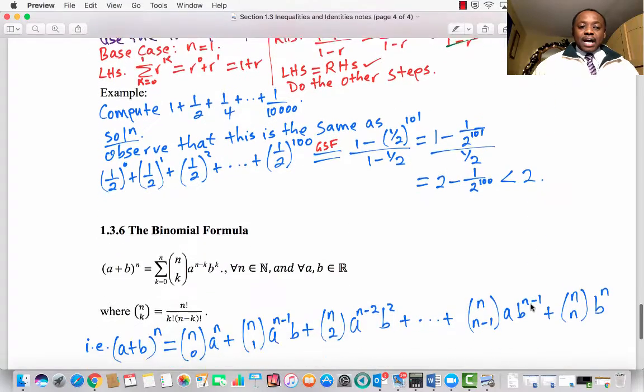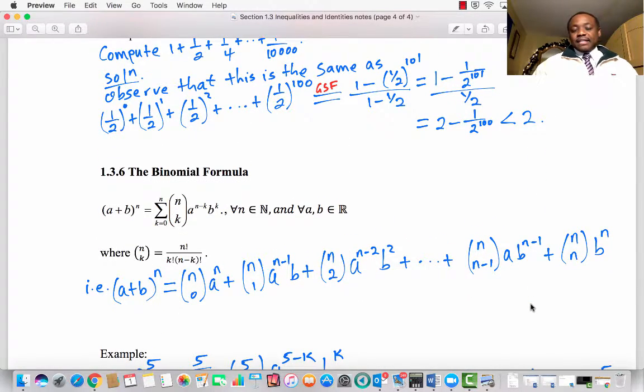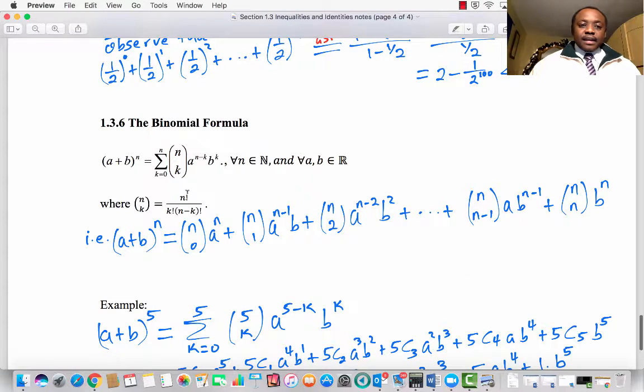And now the last of the identities is known as the binomial formula, subsection 1.3.6. It says a plus b raised to the n equals summation k from 0 to n combination k, a to the n minus k, b to the k for every natural number n and for all real numbers a and b, where we define n combination k as n factorial divided by k factorial times n minus k factorial.